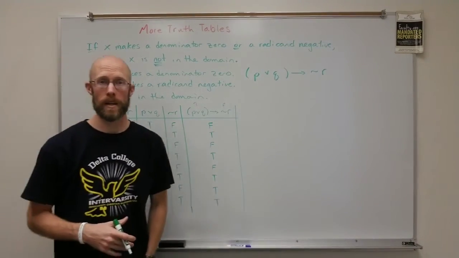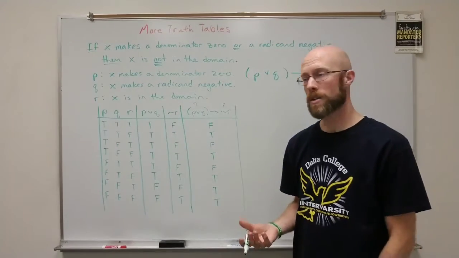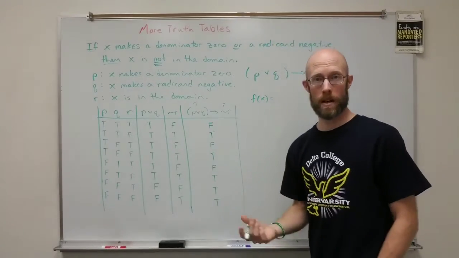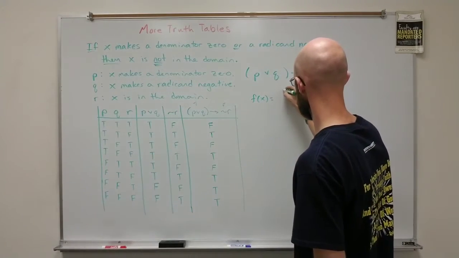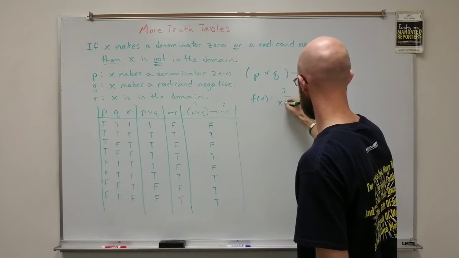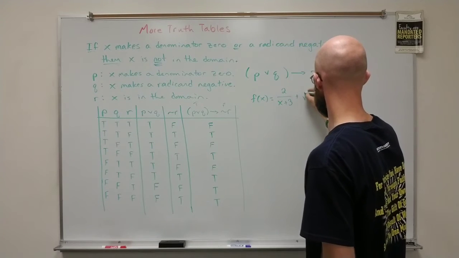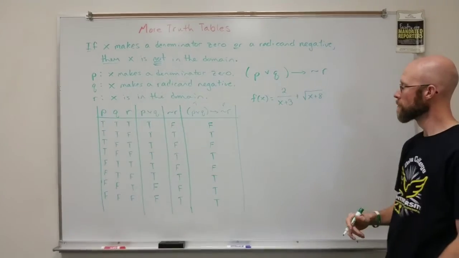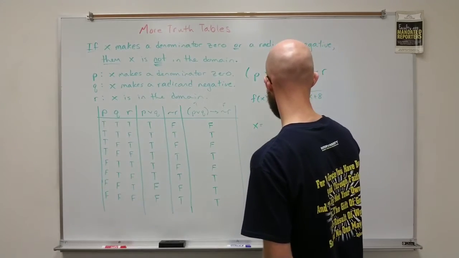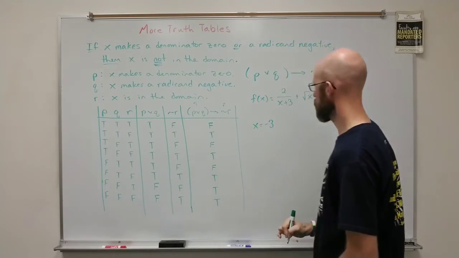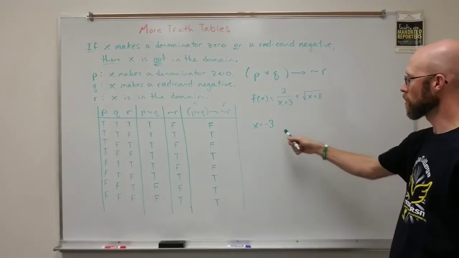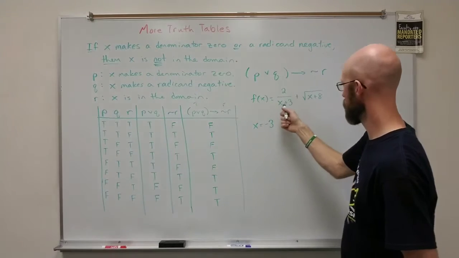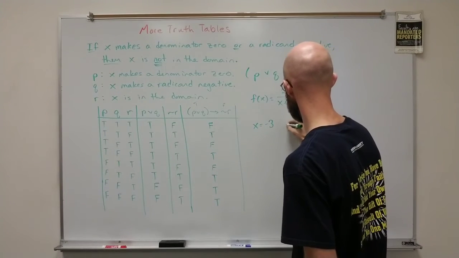Now, if I had a number x, let's say I had a function, kind of an interesting mathematical example, a function like 2 over x plus 3 plus the square root of x plus 8, and I pick an x value of -3. Well, according to the statement, x makes the denominator 0, so p is true.